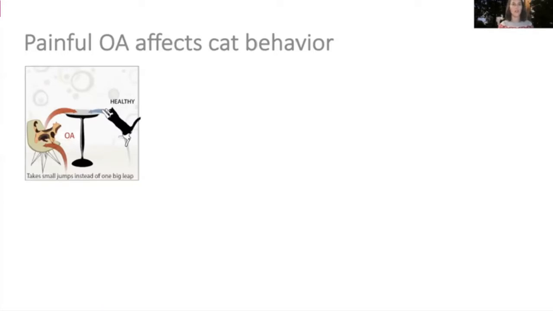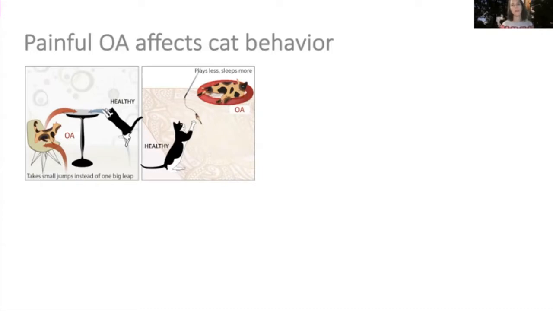So we know that some of the signs that we'll see are in activities like jumping. So jumping up, we might see them taking small jumps up rather than one big leap up. And there'll even be changes in how that one leap up goes. They may play less or sleep more, and changes in the way they play. Again, we'll see a video of this where instead of leaping in the air, they may still play, but they don't jump up anymore.